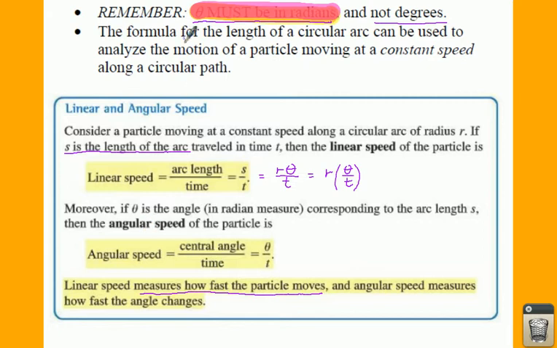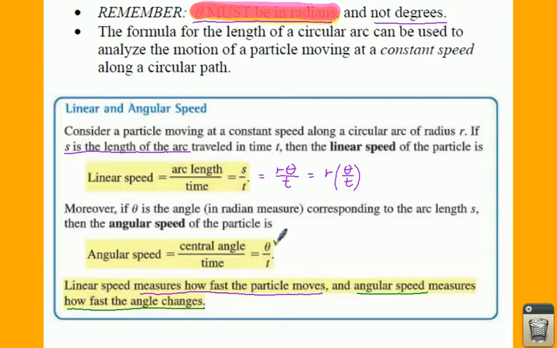Angular speed is how fast the angle changes. It has to do with angles, whereas linear speed is how something moves along a circle. Your angular speed is just your central angle, however big the angle is from the middle, divided by your time.